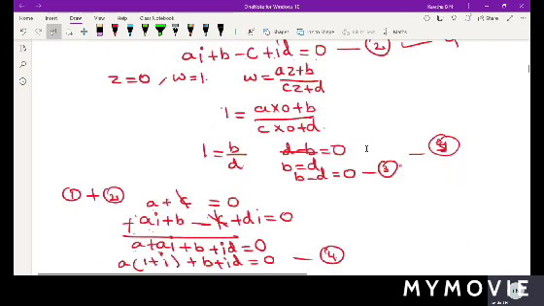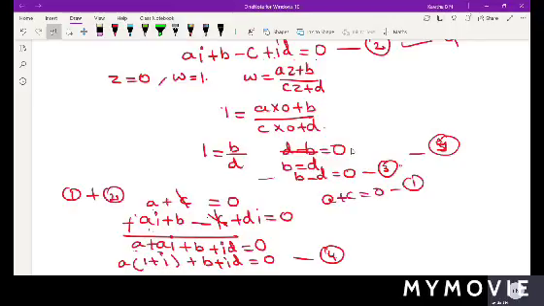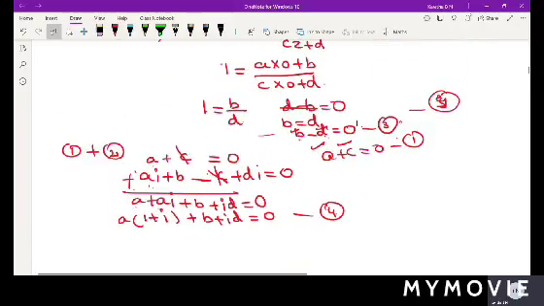Equation 1 is a plus c is equal to 0, equation 3 is b minus d. Equations 3 and 1 together have 3 variables.